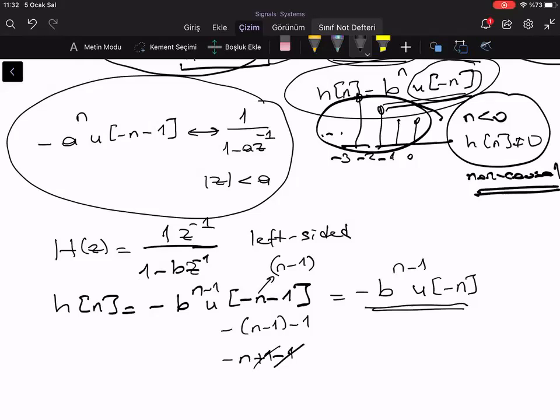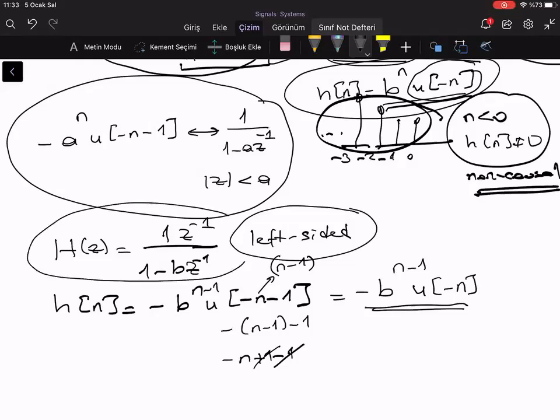If it is given that my system is non-causal, that means left-sided. So, and I have found this as my h of z. How should I find h of n? I will go and check this one. This is a left-sided sequence. You can find it from the table, Z transform table.